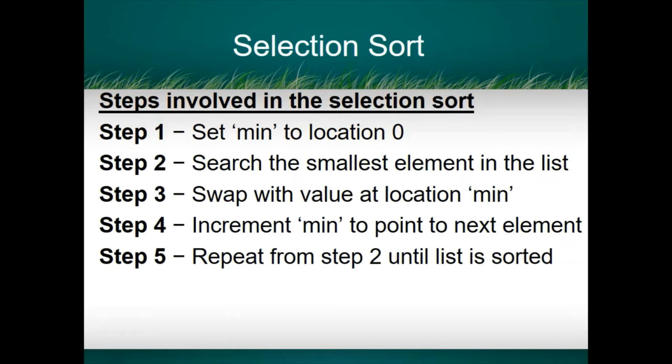Then in the entire list find the smallest element and swap its value with the value at location min. Then increment min to point to the next element. Initially min is at 0 and after swapping the min value will be 1. Then we repeat the steps from 2 through 5 until the array is sorted.